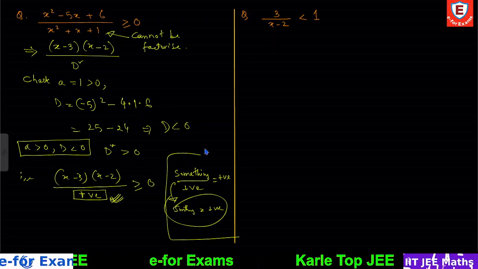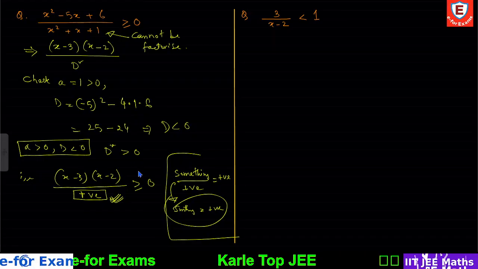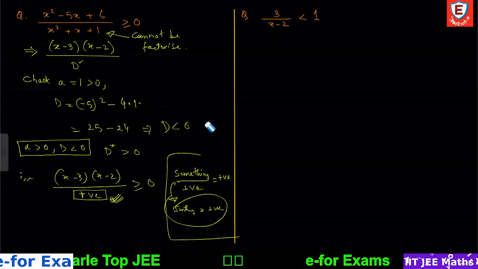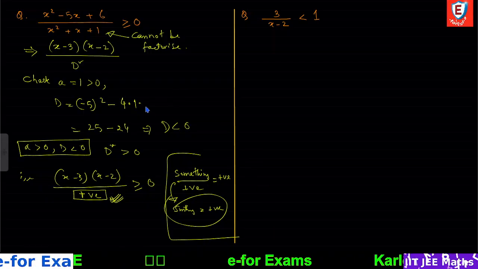Here B. Oh, sorry. Here I have taken this 6. It should be 1. Here it is 1.